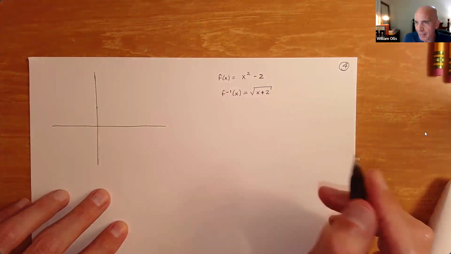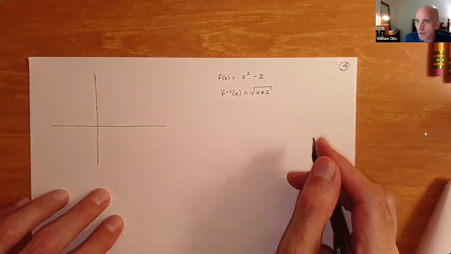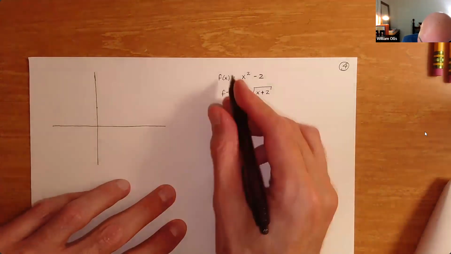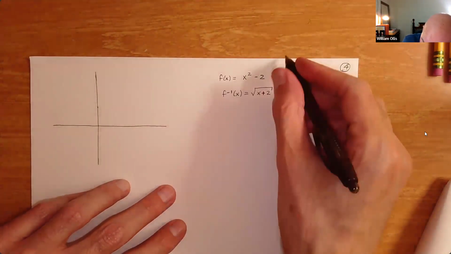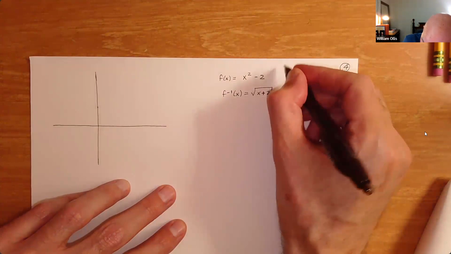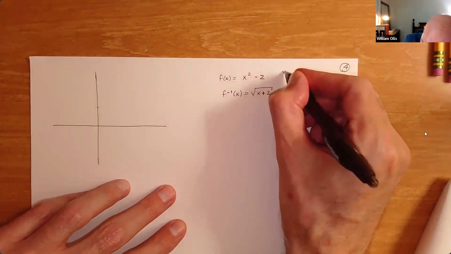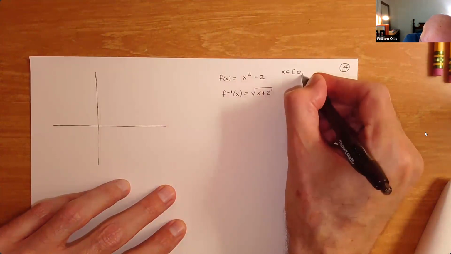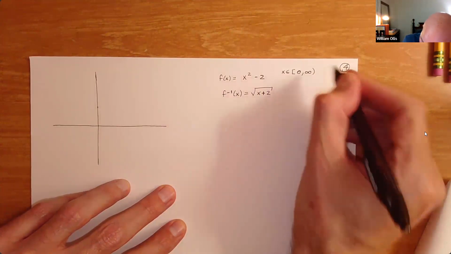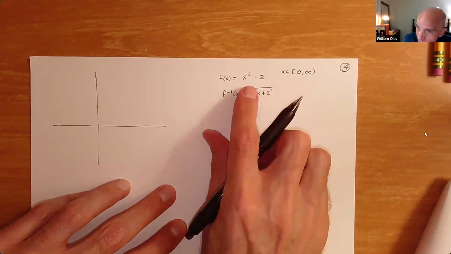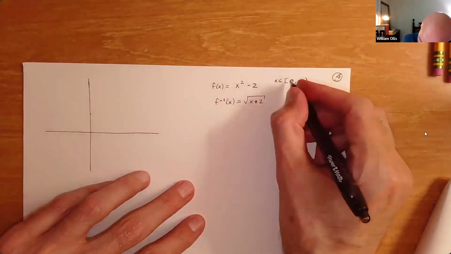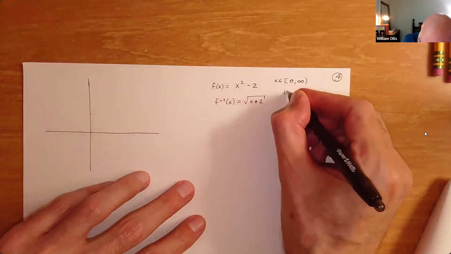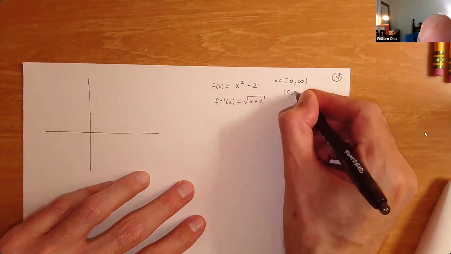And again, nothing very difficult. So first, when we have f, we can just also write here, let's just go ahead and say x is an element of 0 to infinity. So let's just write down several points here. For instance, we'll start with 0. So we'll get a what? 0, -2.